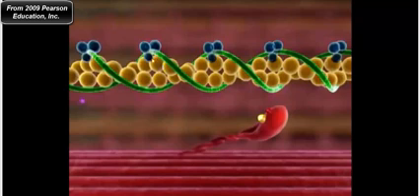At rest, this green protein called tropomyosin covers up the myosin binding sites on actin. When the calcium binds to the troponin, the tropomyosin is going to rotate off of the binding sites. I think you'll see pretty clearly what the binding sites are as soon as the tropomyosin rotates off of the actin.